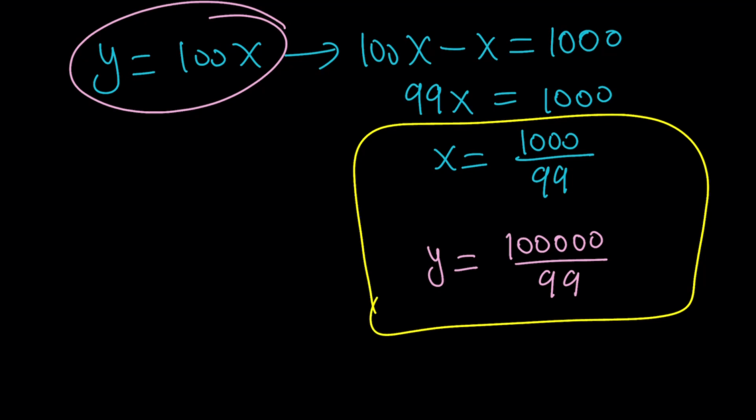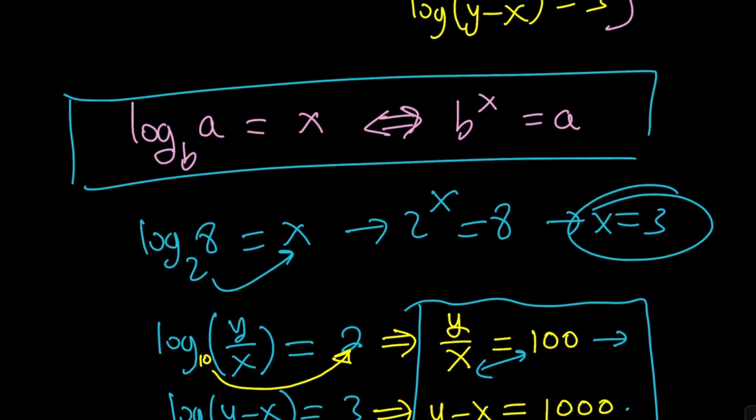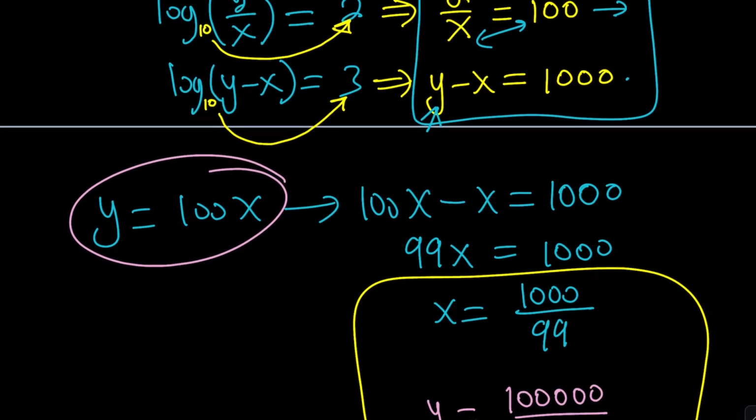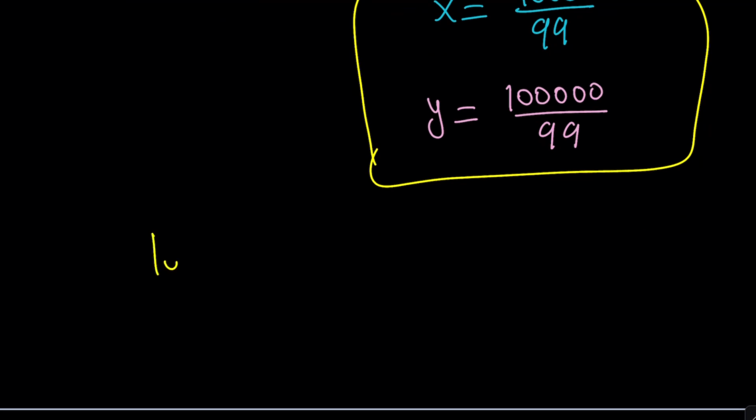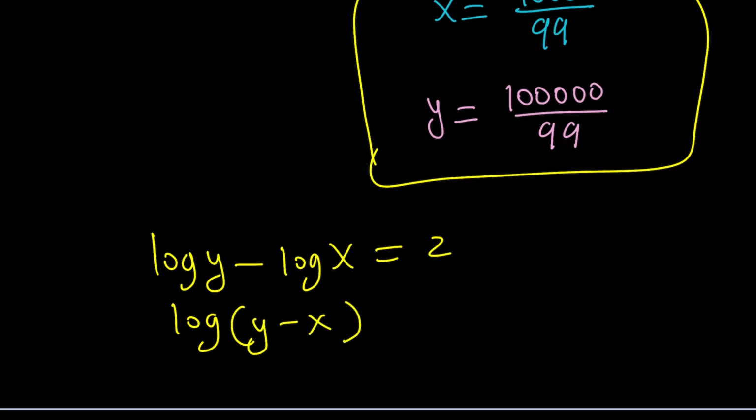Obviously, you always need to check to make sure that the values you find are valid in the original system. So you can go ahead and plug them in. Either you can do a check to make sure that you got the right answer, or you can check to make sure that these values are acceptable. Of course, it's not going to happen in this case.